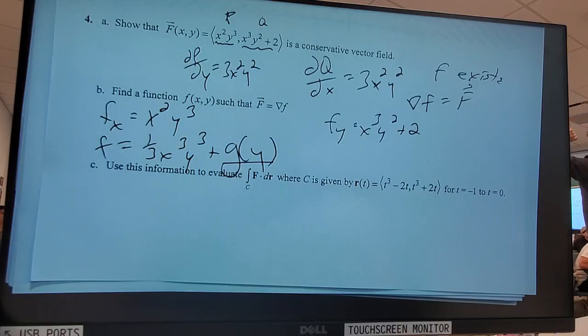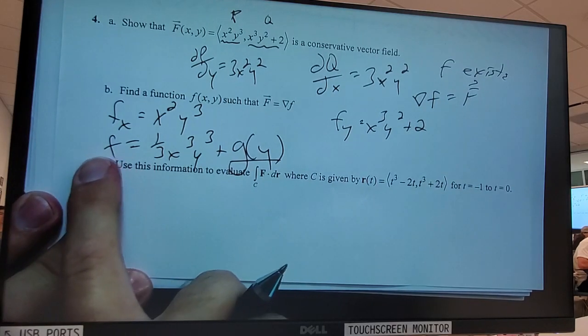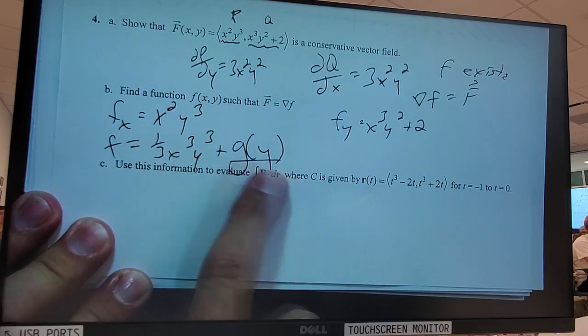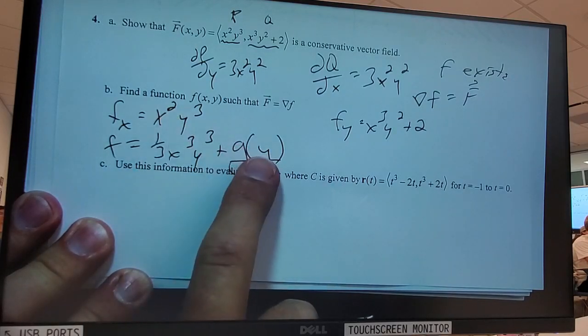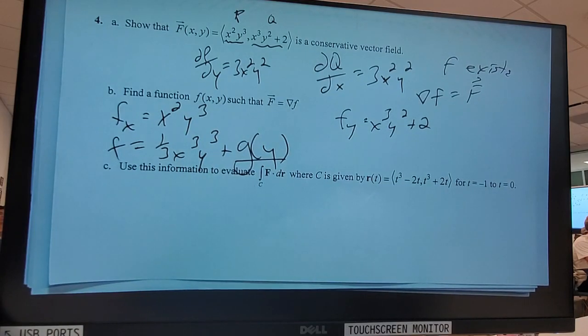Now, how do I figure out what g is? I have information, right? Do you all agree this must be what f is? This has everything that f could be. It's got the thing that leads to this, and it's got everything else that would have died. So somehow I've got to figure out what g is.